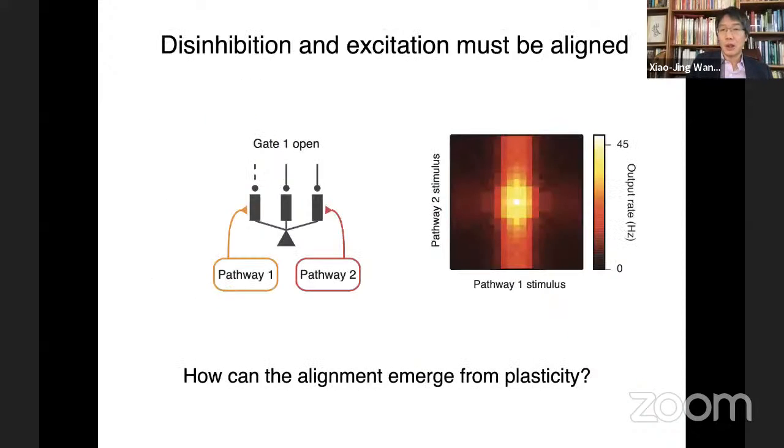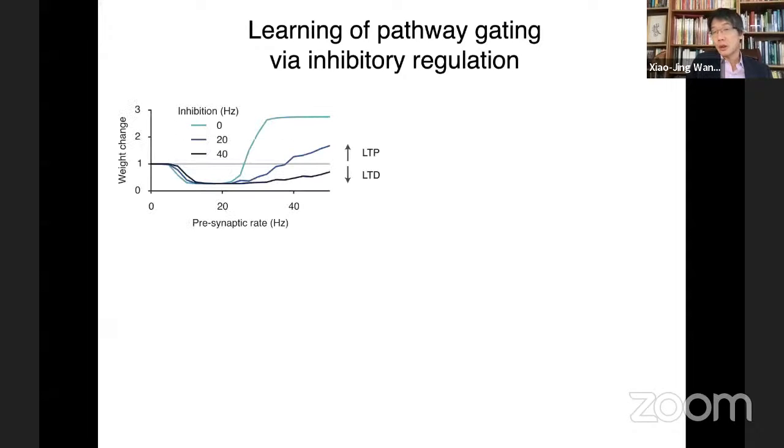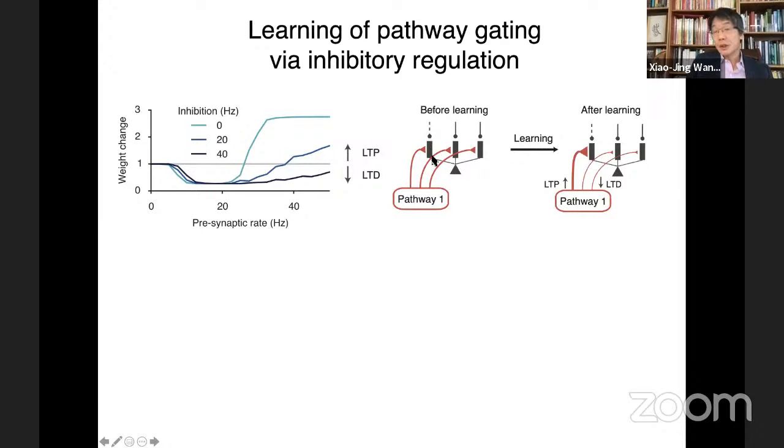We also wondered how this alignment of disinhibition and activation from a particular pathway can occur dynamically. So we used a learning rule from Graupner and Brunel, taking into consideration that the learning curve as a function of the firing rate depends on inhibition. Suppose that initially you don't have this alignment.